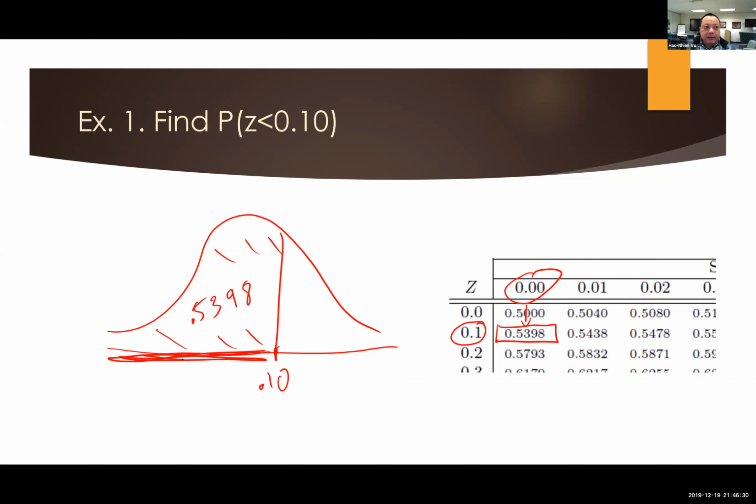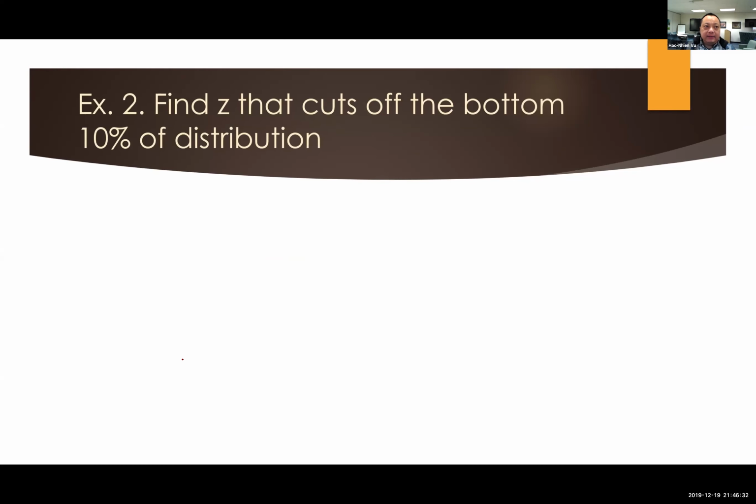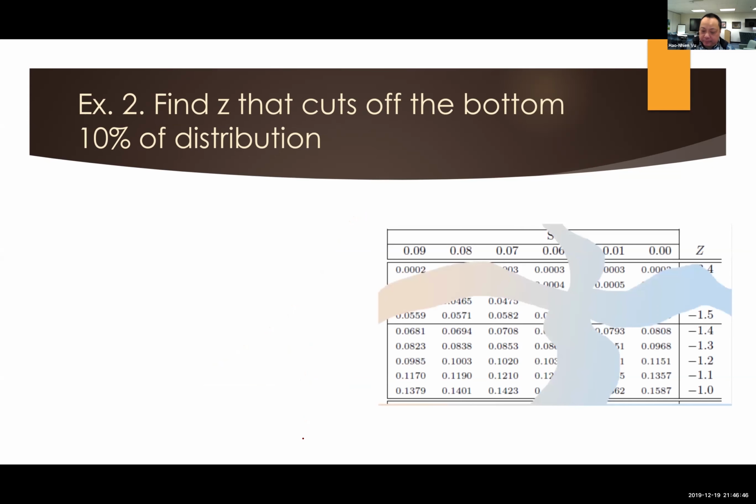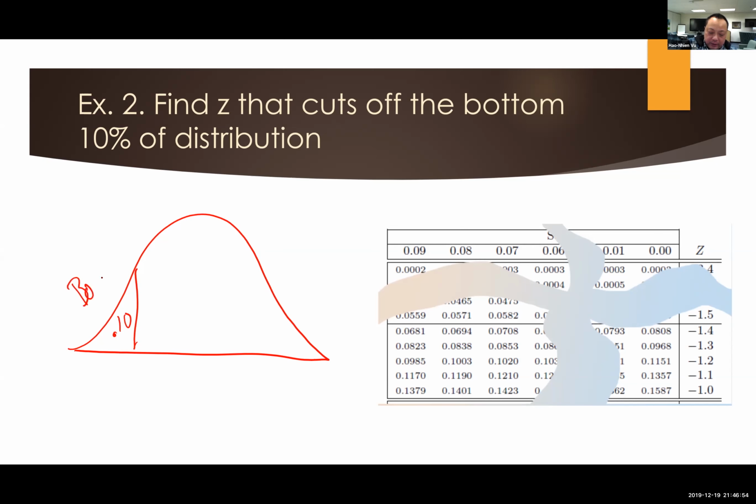Okay? And then the other example we were looking at is to find the z that cuts off the bottom 10% of the distribution. So 10% of the distribution is the 0.10 at the tail here. And this is what we're looking for. So the known information is in the body. The 0.10 is in the body of the graph.